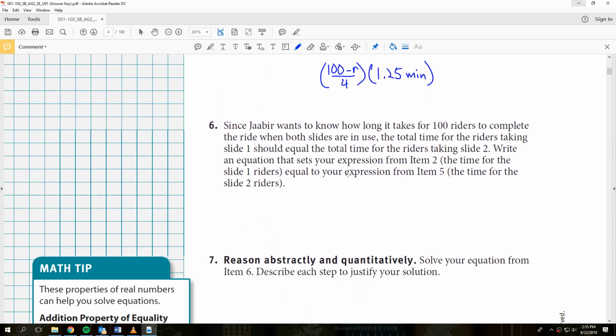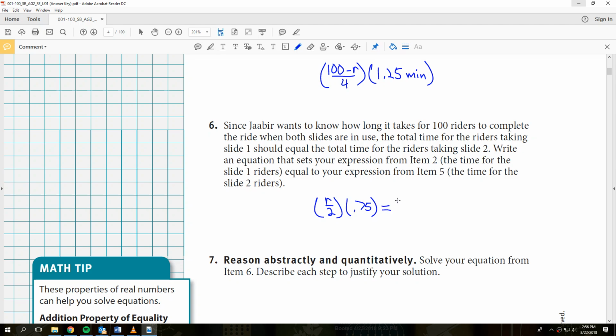Since Jabir wants to know how long it takes for 100 riders to complete the ride when both slides are in use, the total time for the riders taking slide 1 should equal the total time for riders taking slide 2. So write an equation that sets your expression from item 2, the time for slide 1 riders, equal to your expression from item 5, which is the time for slide 2 riders. So the first expression was R divided by 2, times 0.75 minutes.